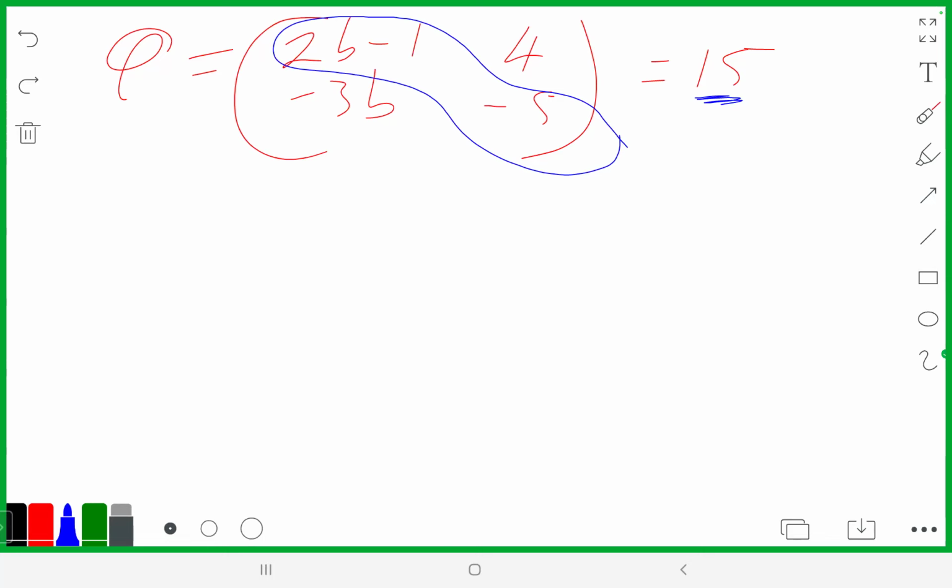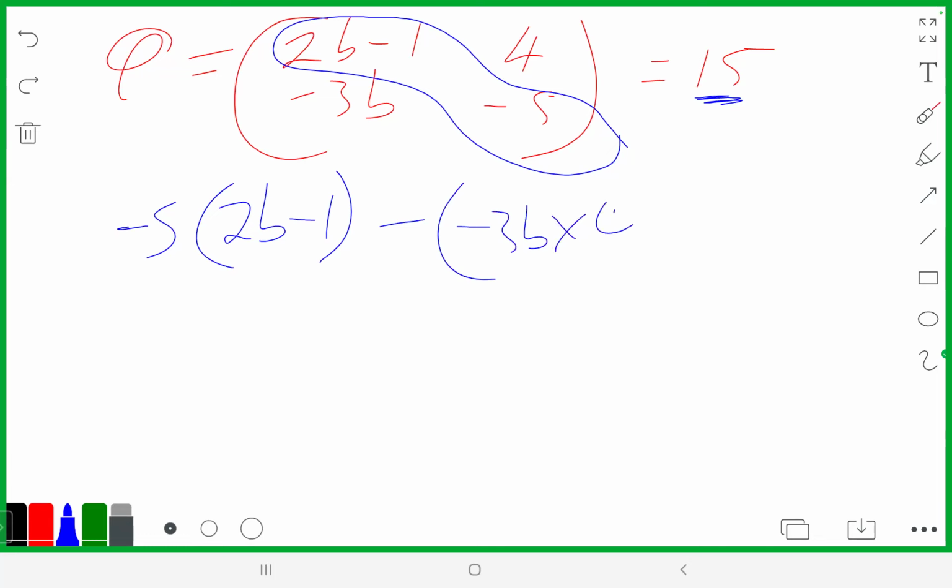So you say negative 5 times 2B minus 1, then minus negative 3B times 4 is equal to the determinant, and our determinant is already given as 15. Are we clear so far?